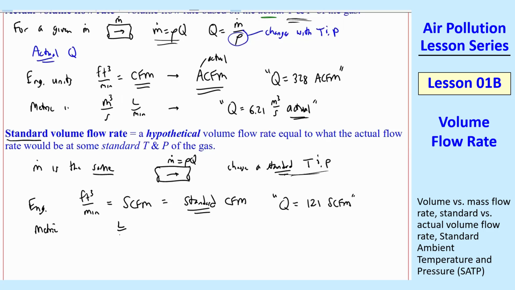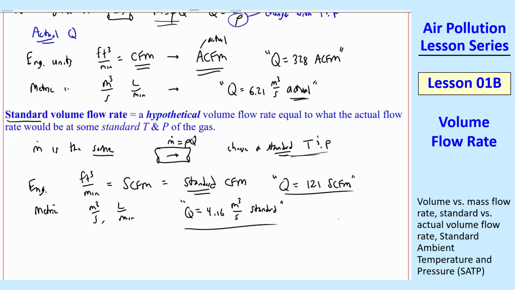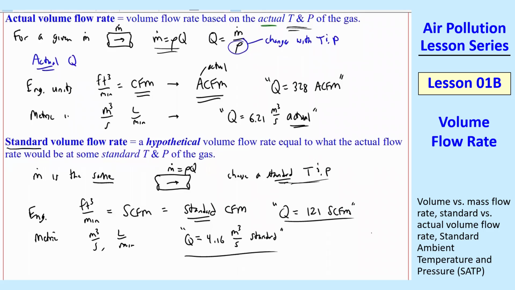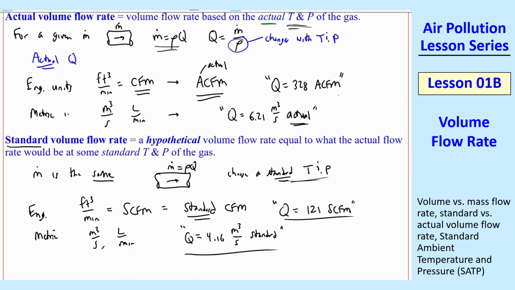So if we did liter per minute, we would write Q equal 4.16 meter cubed per second or liters per minute, and we would write that standard. You'd have to write out the word standard. This is one place where the English system has one benefit, and I hate the English units, but this is one place where it's kind of nice because you have ACFM and SCFM defined.